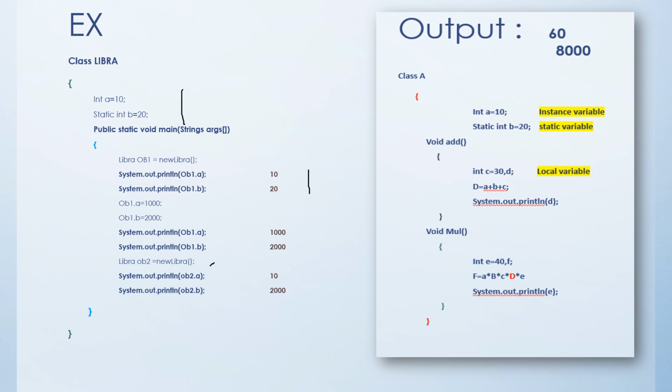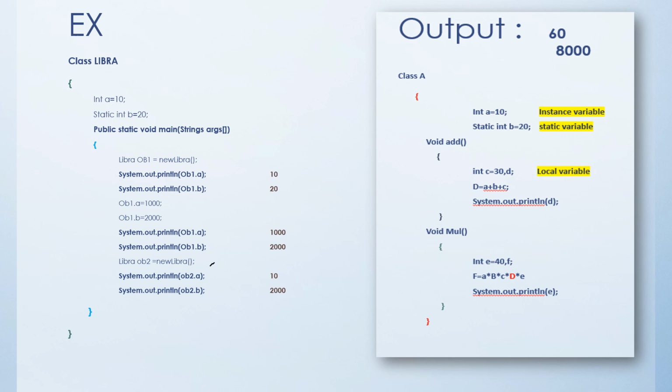Then we modified and gave other values to the same variables, and got those values. After that we created one more object and fetched the values.